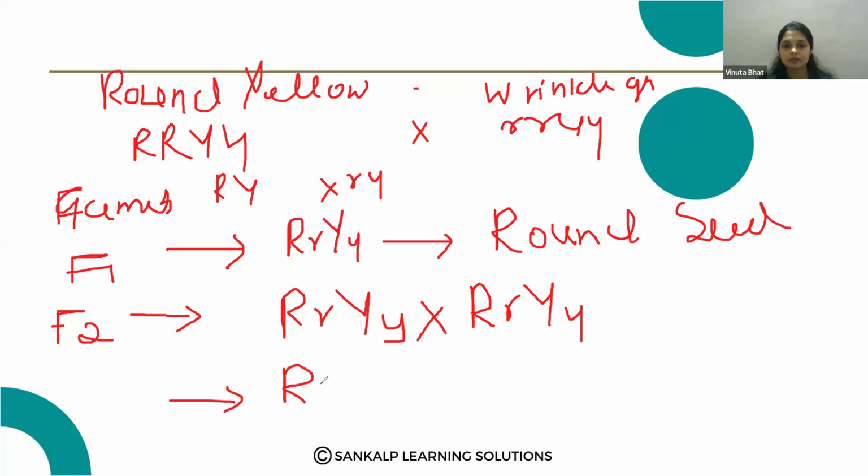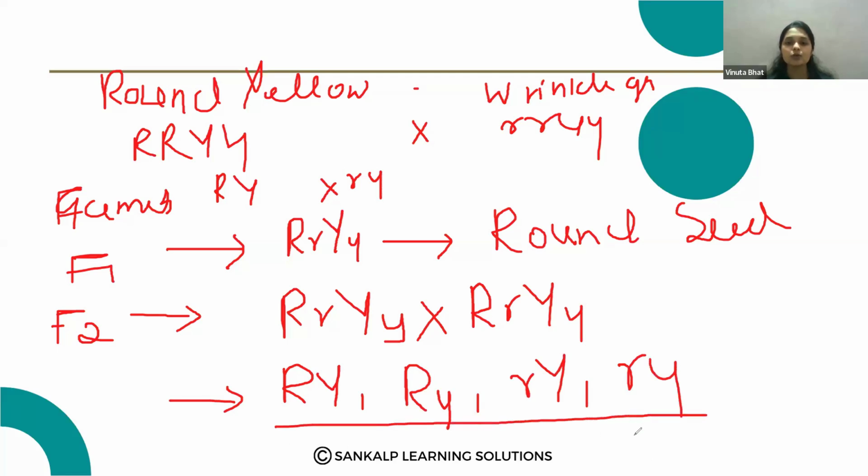Capital R, capital Y, capital R, small y, small r, capital Y, small r, small y. So these are the gametes. So we have to cross these 4 types of gametes with these. So we have to use the checkerboard to find out the different combinations of the plant.